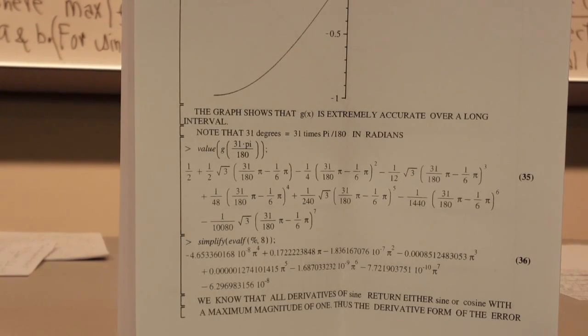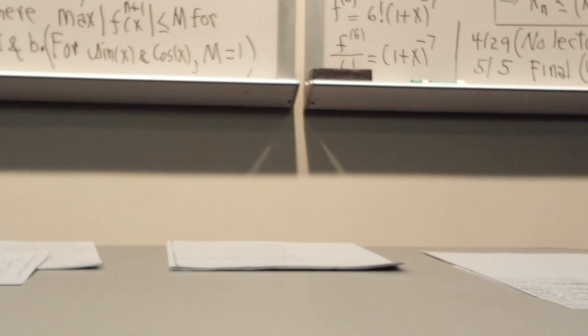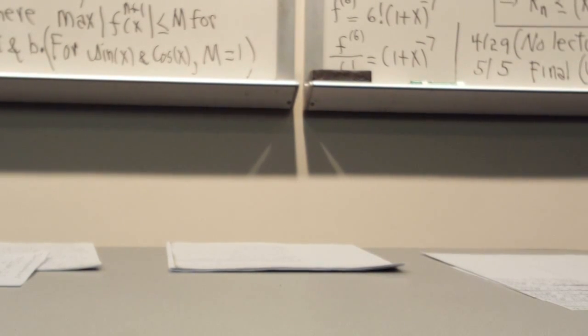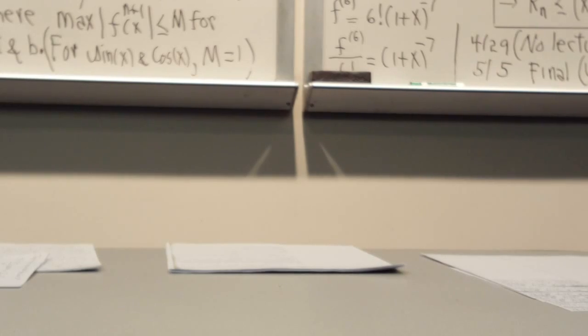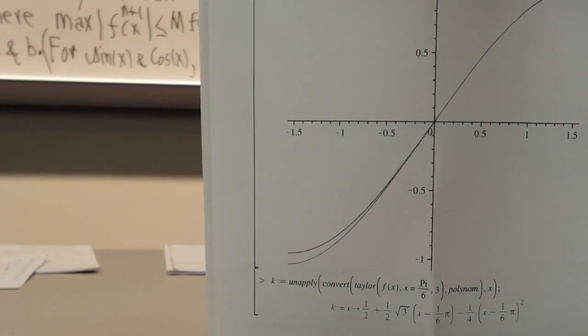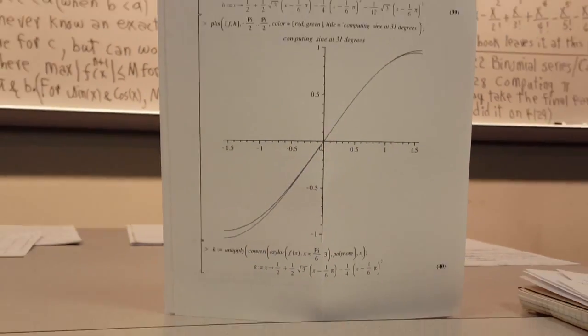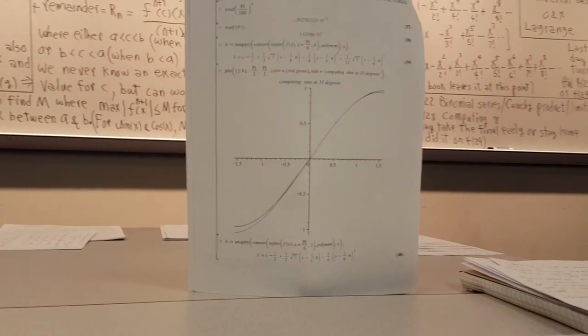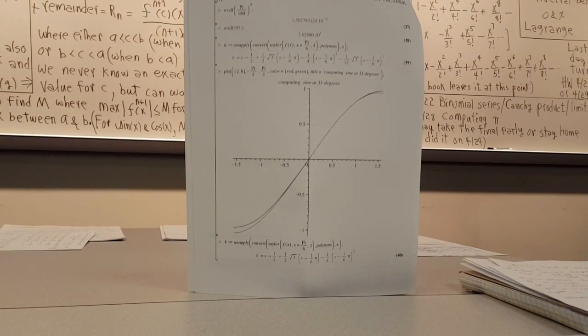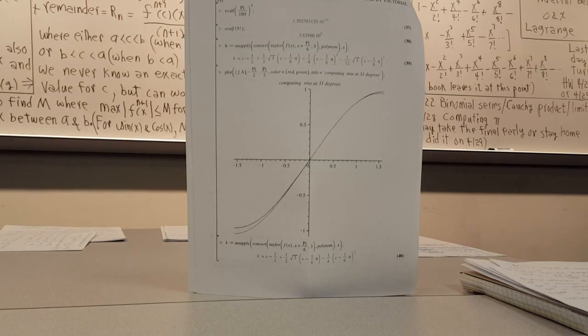So if you turn the page, anyway, what you can see, if you look at line 39, where I have h equals unapply, that's a polynomial now of degree 3. So 4 terms of the Taylor series, line 39.